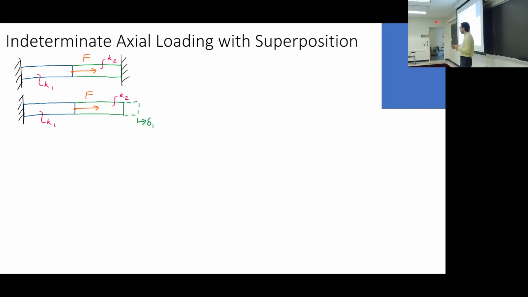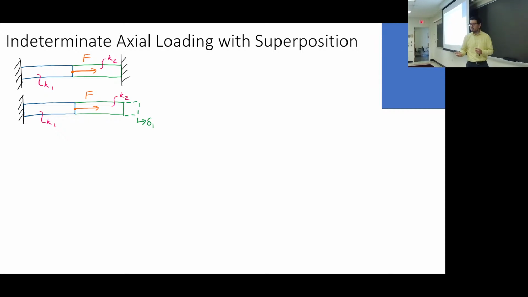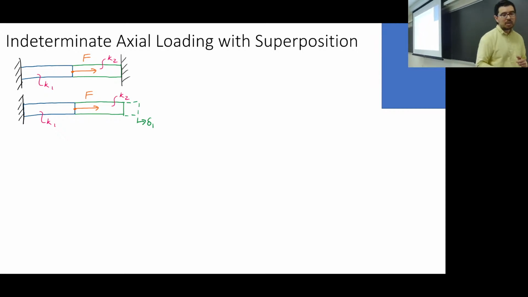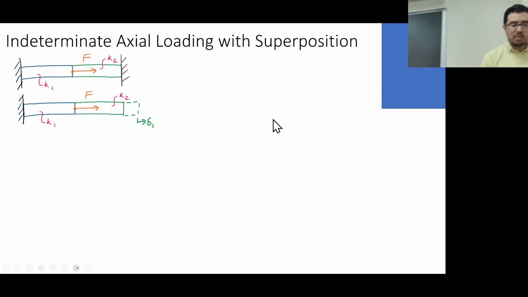You get rid of one of the constraints. So if I go back to this situation, I remove the right wall, then I've got my determinate problem, which is not the problem I want to solve, but it's an intermediate step. So now I say, oh, I removed the right wall.